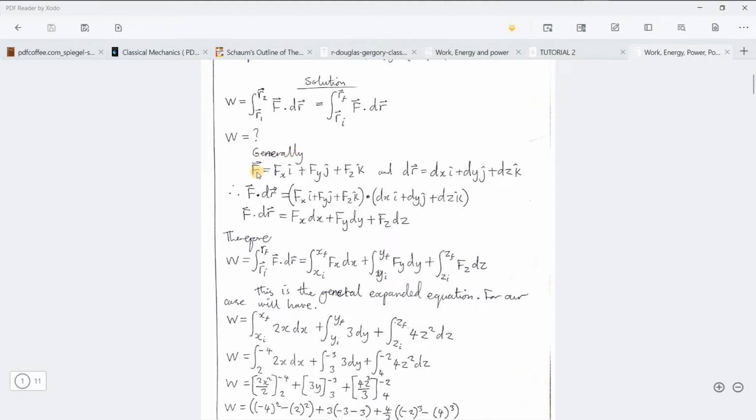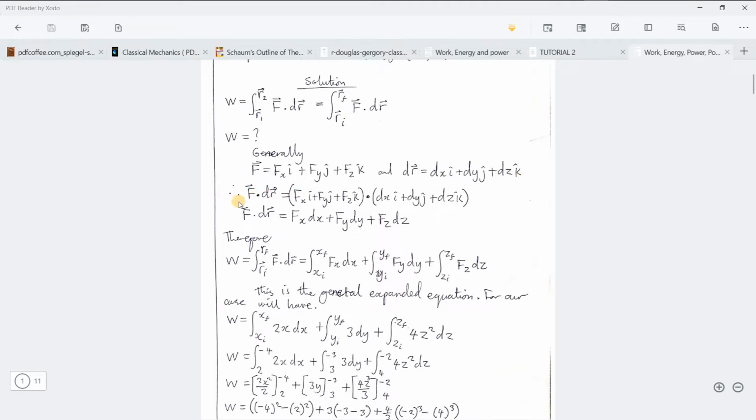Generally, force F is equal to fxi plus fyj plus fzk. So this force F has a component in the I direction, which I've written as fxi, plus a component in the y direction, fyj, plus a component in the z direction, fzk. And the dr vector is always written generally as dr equals dxi plus dyj plus dzk.